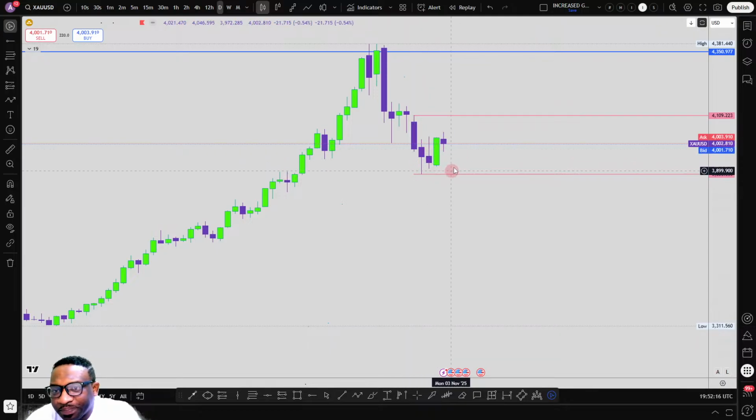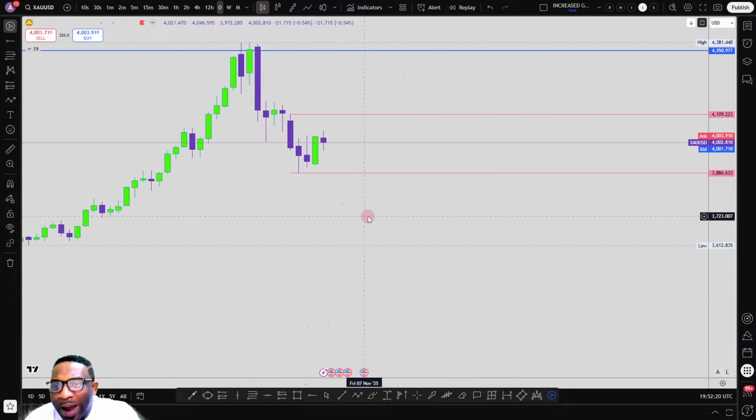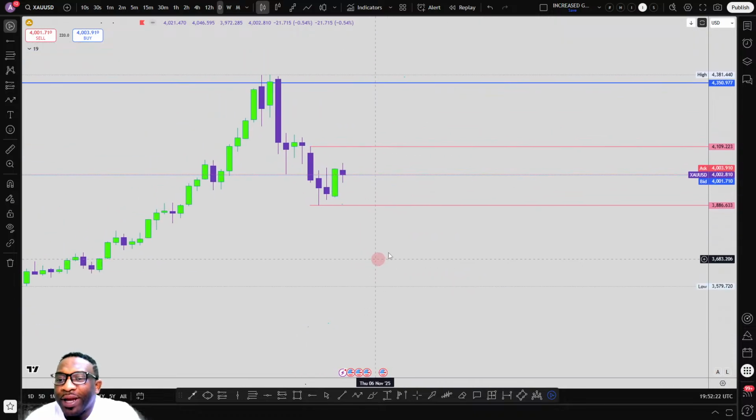For us to continue the uptrend, we don't want to see price come to a body close below this candle here.